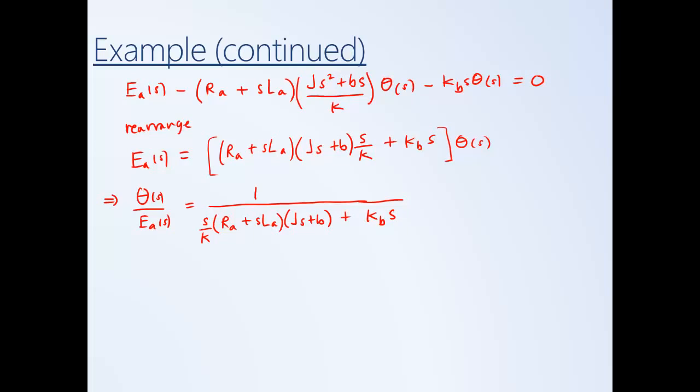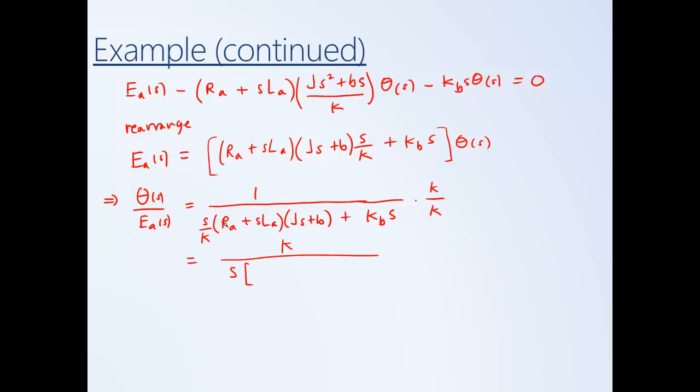If I take just one little simple step just to clear out these fractions, I like to have a transfer function that's just a polynomial divided by a polynomial. So if I multiply through by K on the top and K on the bottom, it's as if I'm multiplying by 1, so I'm not changing anything. And I get a transfer function K divided by S, which I can factor out.